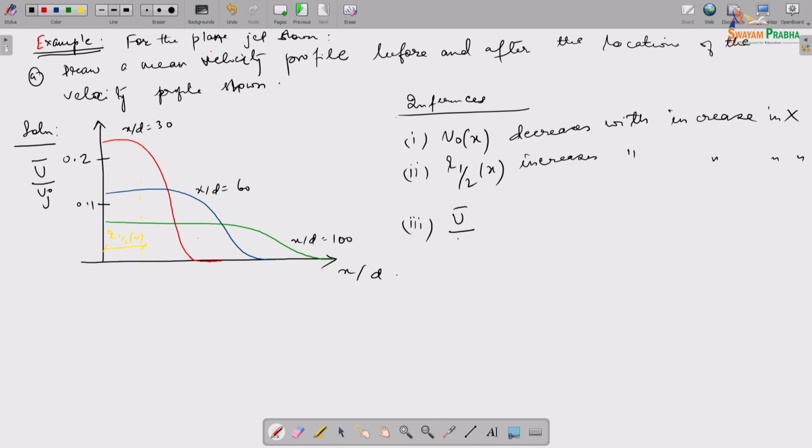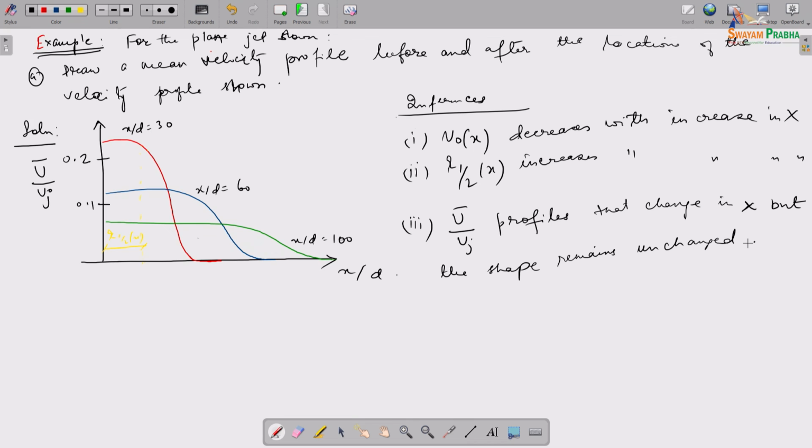These are the profiles with change in x, but the shape remains unchanged. The shape does not change.